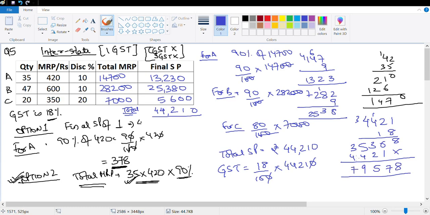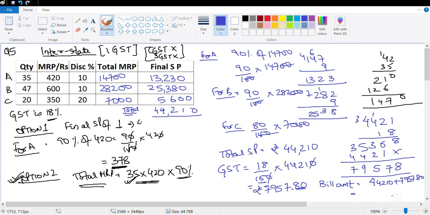So this is rupees 7957.80 because this is being divided by 10. Again, I need to remember that I need to write 2 decimal places in the final bill amount. So total bill amount will be equal to 44,210 plus 7957.80.